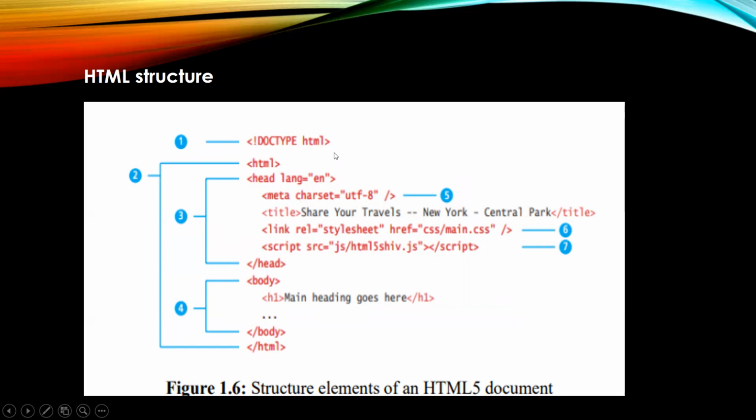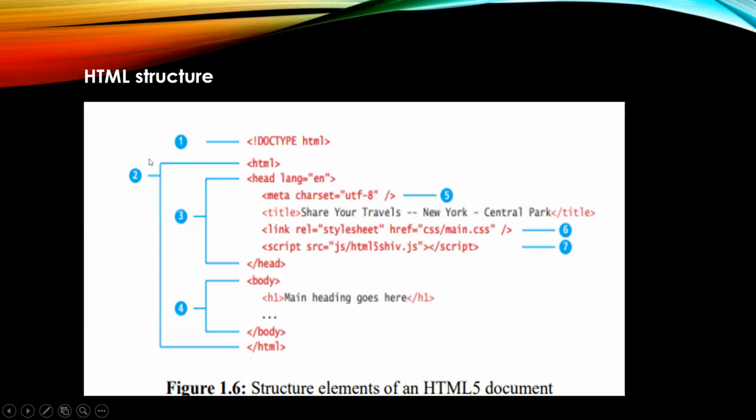Document type definitions define a document's type for markup languages such as HTML or XML. Whatever you mention here will tell the document type. In case you write XML here, that is an XML document type. Here it is HTML document type, so that's why it is HTML.